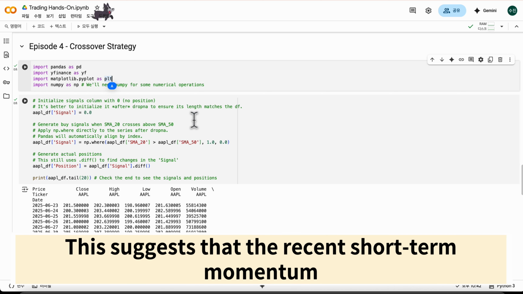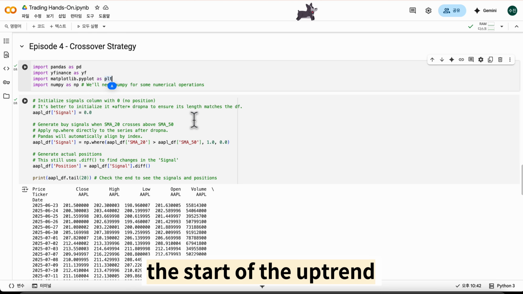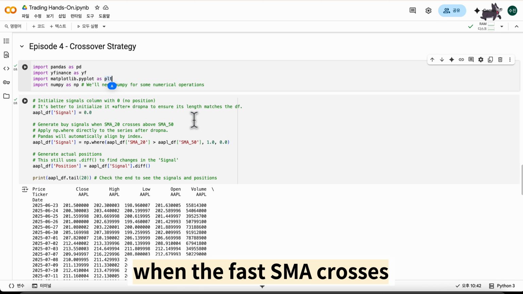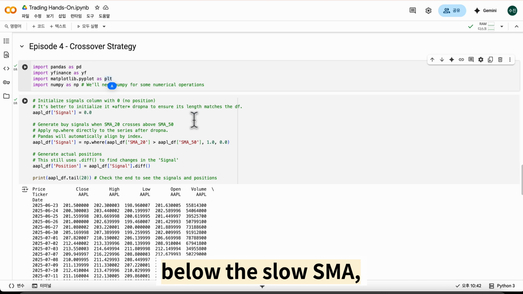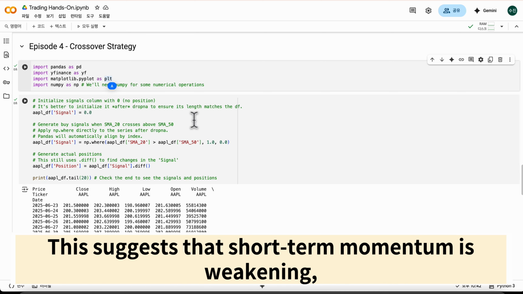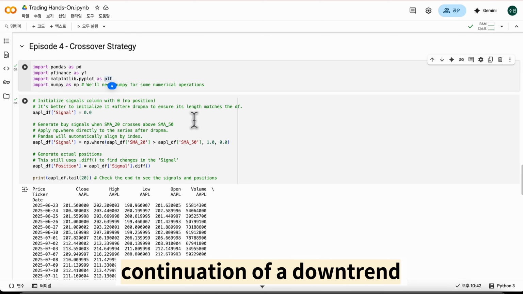This suggests that recent short-term momentum is gaining strength relative to the longer trend, potentially indicating the start of an uptrend. Sell signal: conversely, when the fast SMA crosses below the slow SMA, it's considered a bearish signal. This suggests that short-term momentum is weakening, potentially signaling the start or continuation of a downtrend.